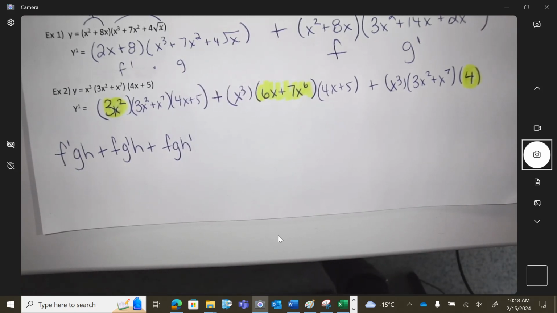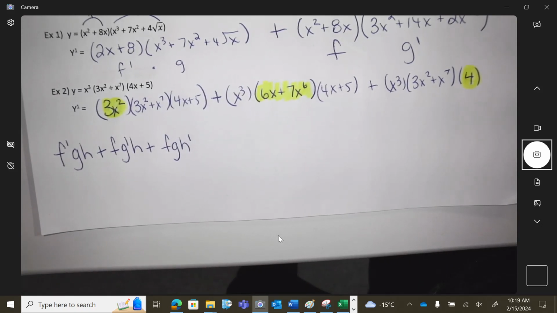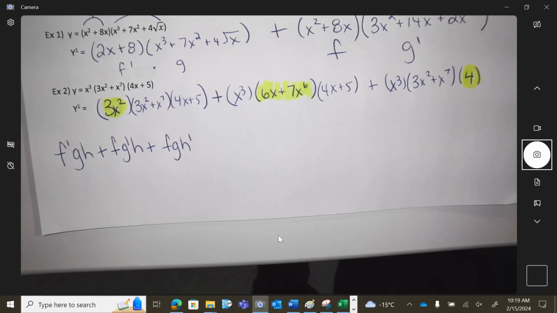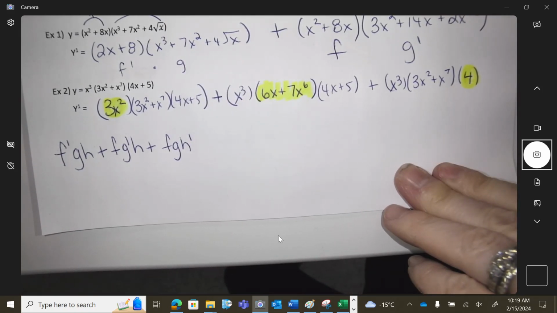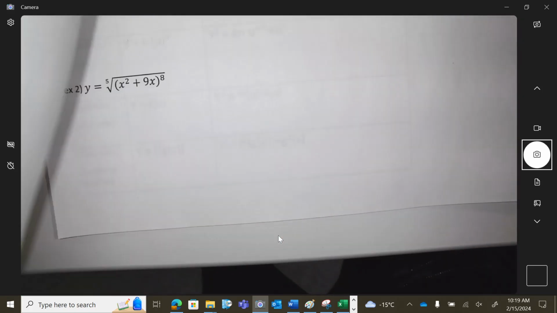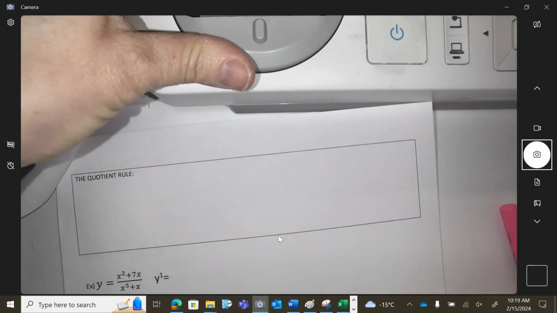How does that look? You can see I highlighted. I took turns deriving something. Okay, product rule. Good? Okay, quotient rule.